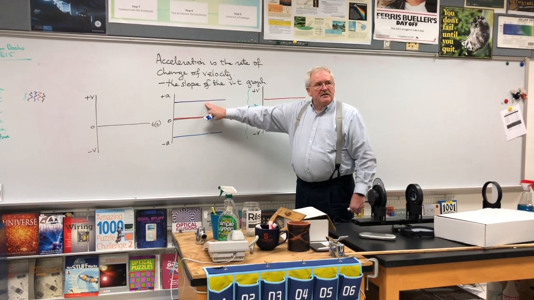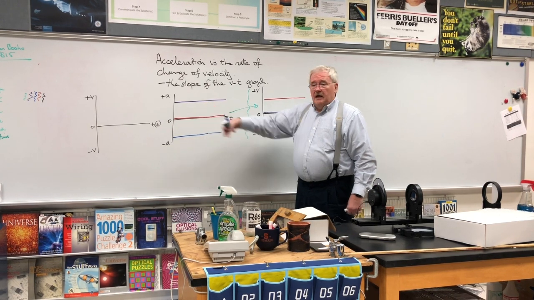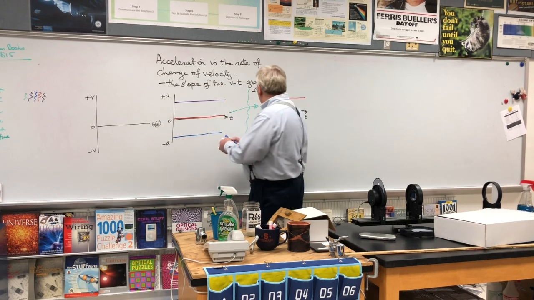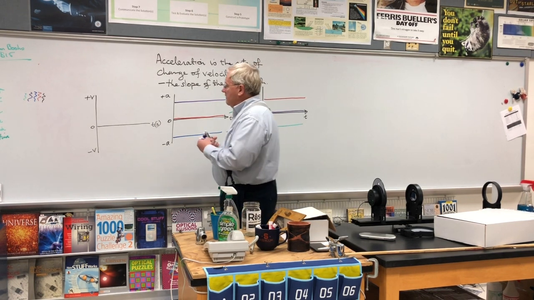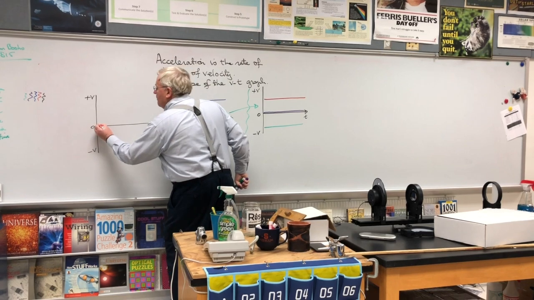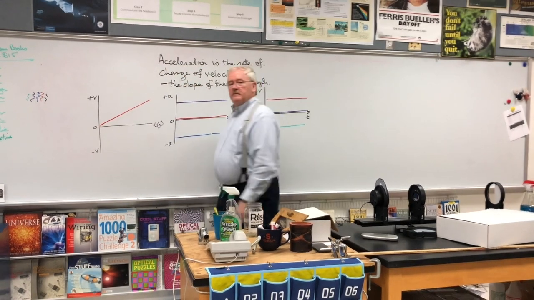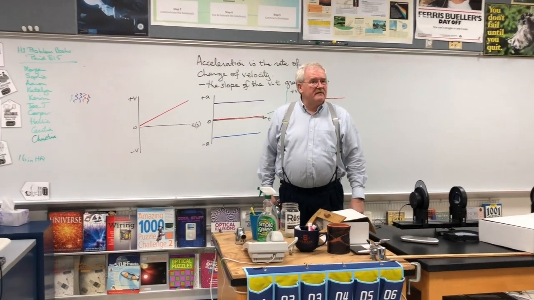That means that the slope of the velocity time graph must be positive. If I want to put a velocity time graph that's positive on this, as a positive slope, this would be one option that has a positive slope.